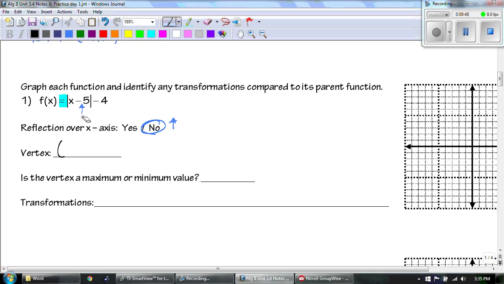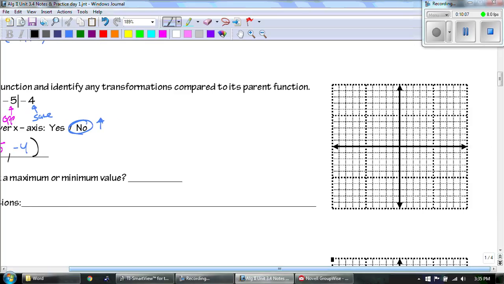So we'll put this in a different color so it's easier to see. I take the opposite of the -5, which is a +5. And this number stays the same. So my vertex is at 5, -4.